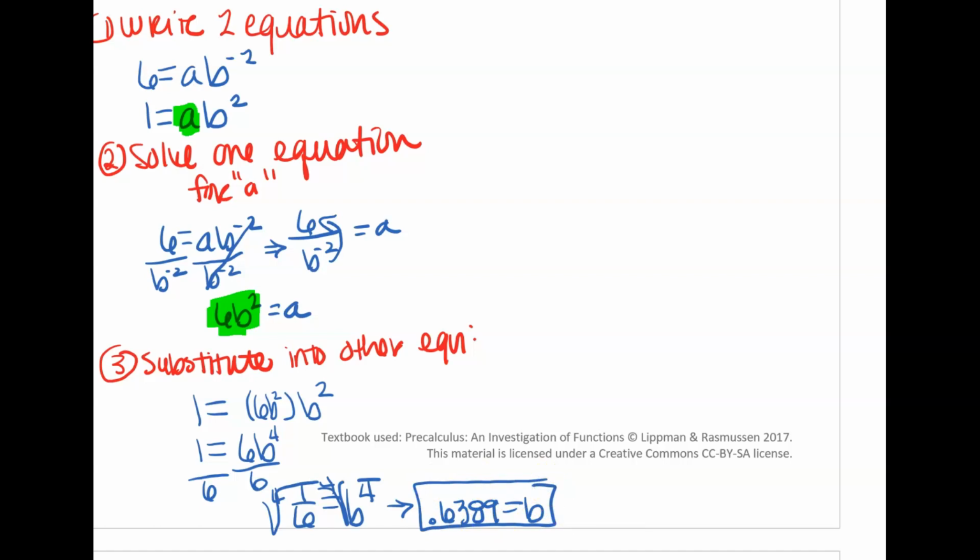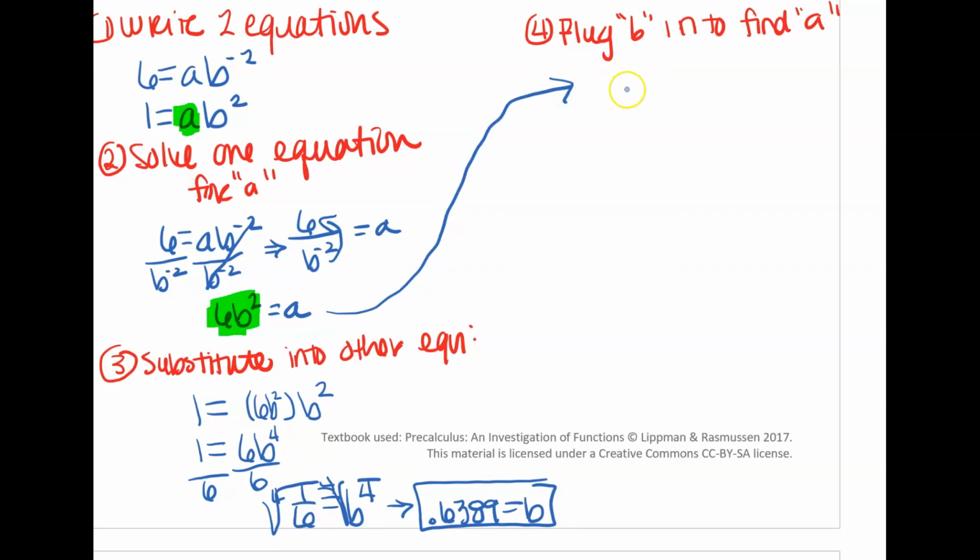Now that we have one of those letters, step 4, we are going to plug b in to find A. We know that this piece, A, was equal to 6b squared.